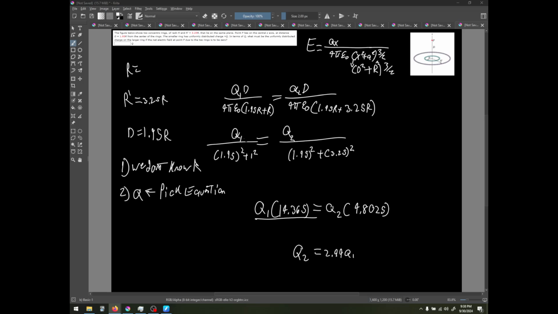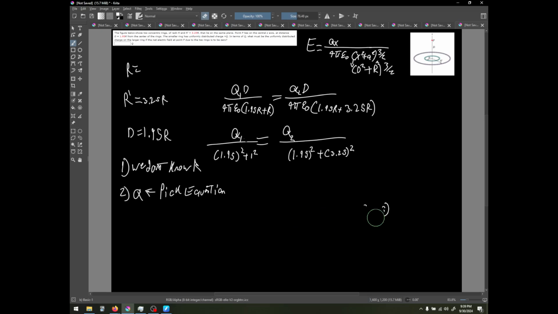Something's wrong. Oh, it's to the three halves. I know where I messed up. Goodness me. Okay. Now this is actually going to be Q2 equals. No. Let's make Q1 equals first.